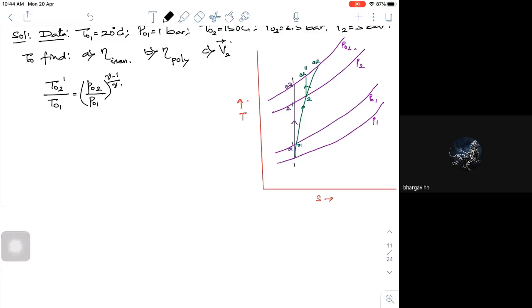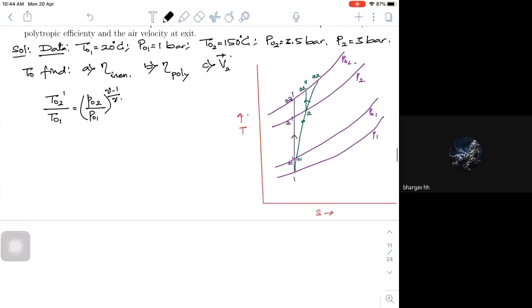T01 I know, which is 20 degrees. So I need to substitute. You have to be very careful here. All the values I have to convert to the corresponding Kelvins. T02 dash I have to find. So T02 dash divided by, what is T01? It is 20 plus 273, which is 293, into 1.4.